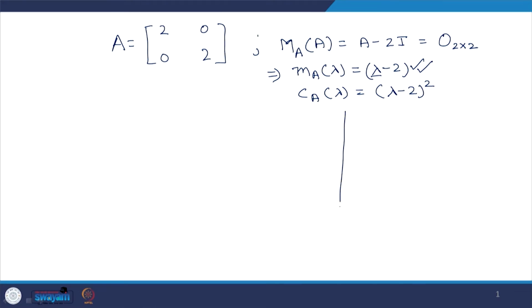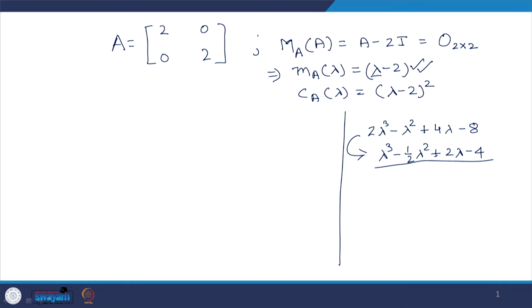For example, take the polynomial 2 lambda cubed minus lambda squared plus 4 lambda minus 8; it is not monic. The monic form has leading coefficient, the coefficient of the highest degree term lambda cubed, equal to 1, so it becomes lambda cubed minus lambda squared over 2 plus 2 lambda minus 4.